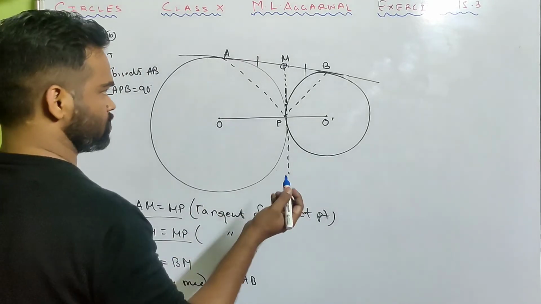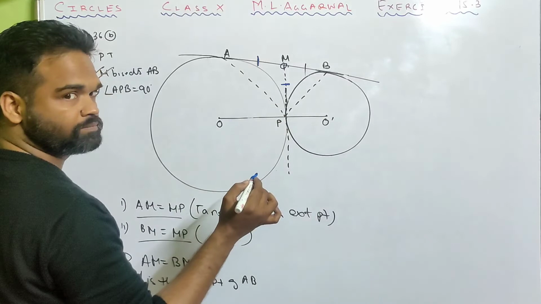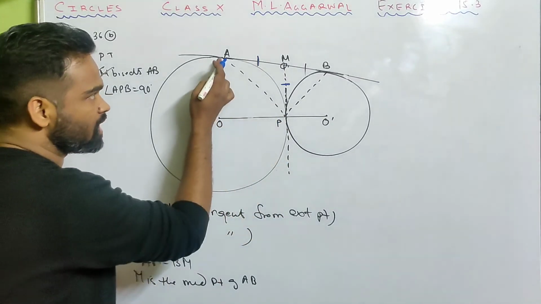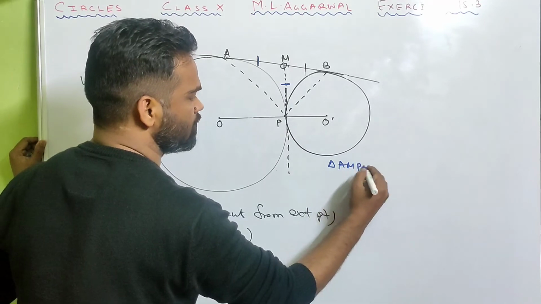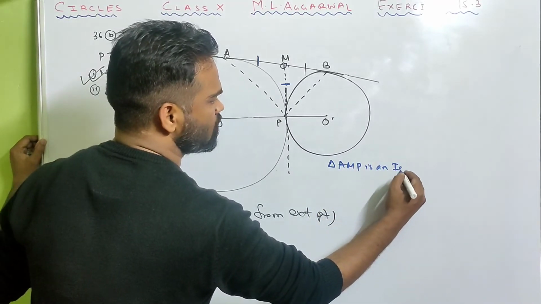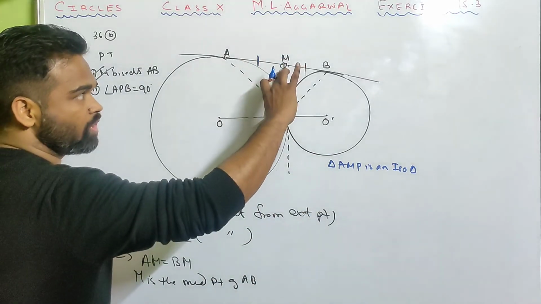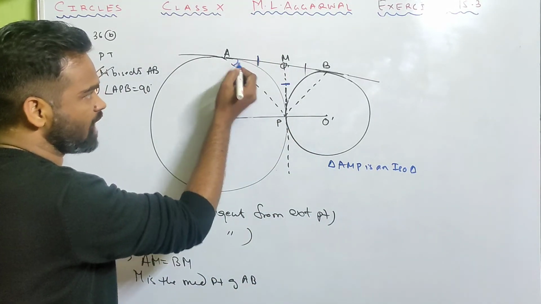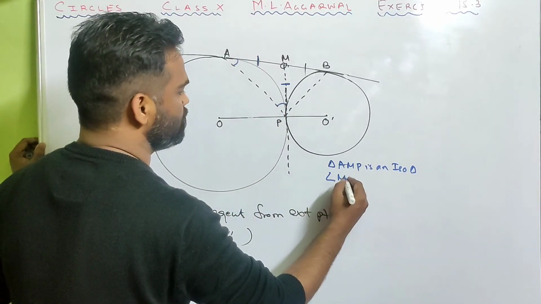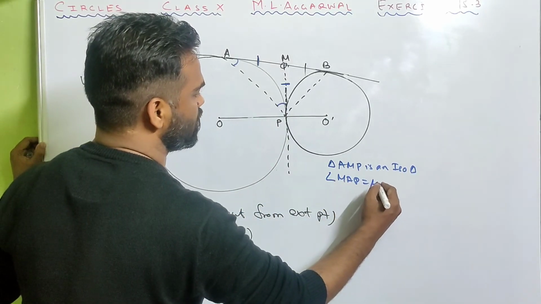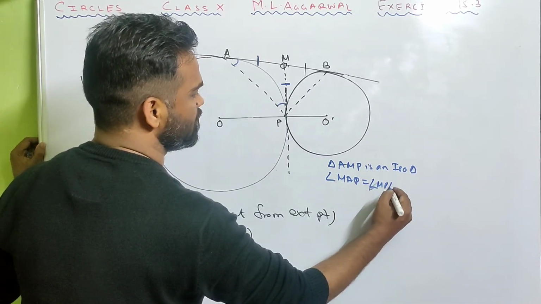Okay. Now look. AM equals MP, which means triangle AMP is an isosceles triangle. Yes or no? AM equals MP, which means this angle and this angle will be equal. Angle MAP will be equal to angle MPA.